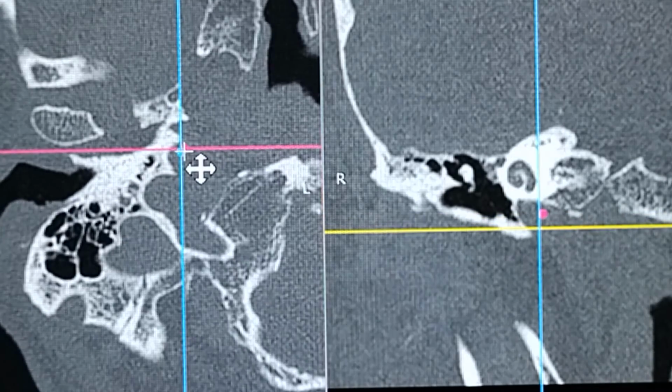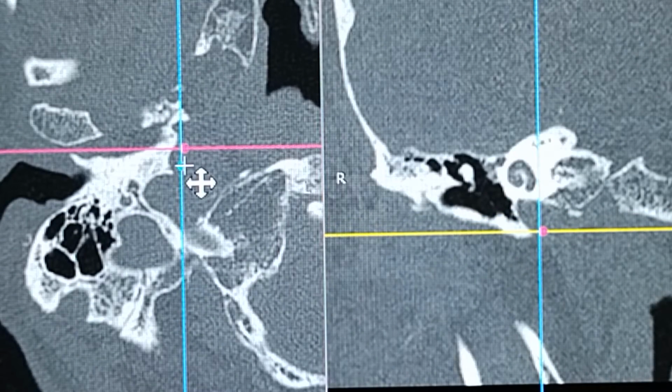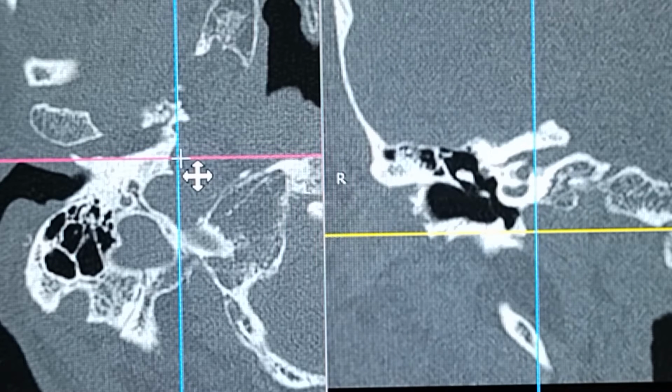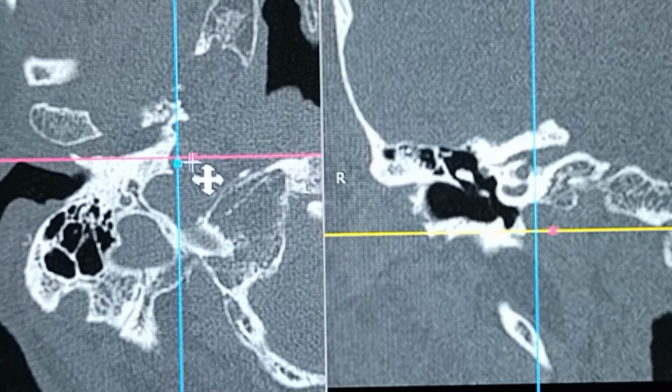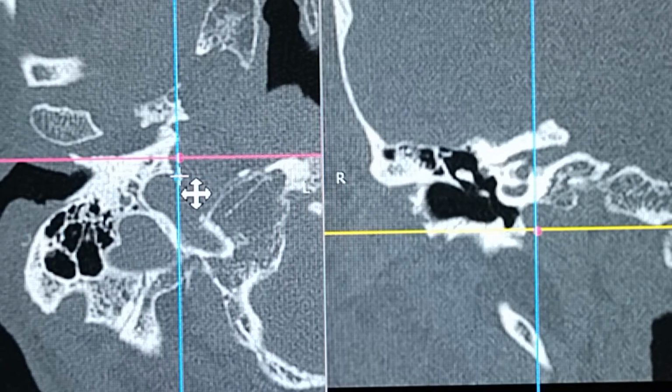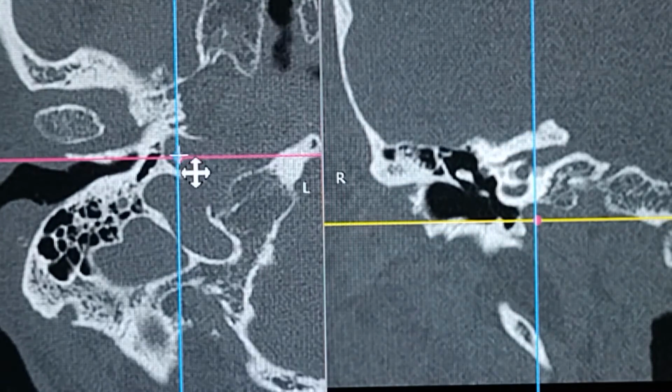Now if I keep on going below, that's the origin of the carotid. If I keep my cursor over here, you can actually see that this is the origin of the internal carotid artery on the vertical. That's the coronal section. So if I'm going up, you can see that projection becomes more clear.